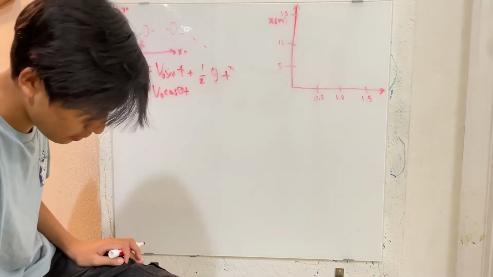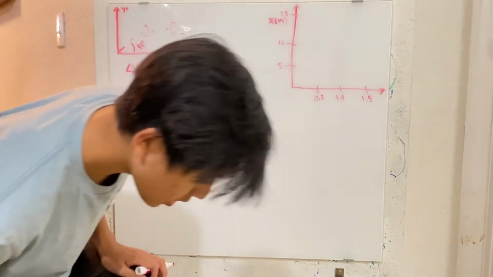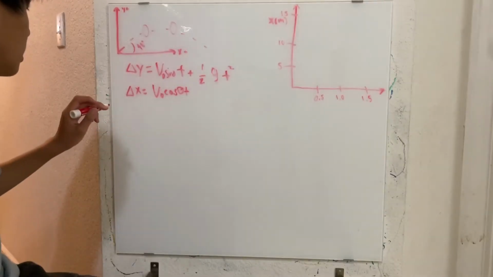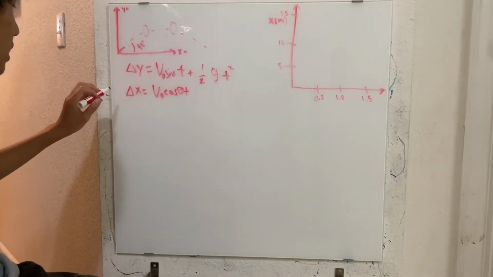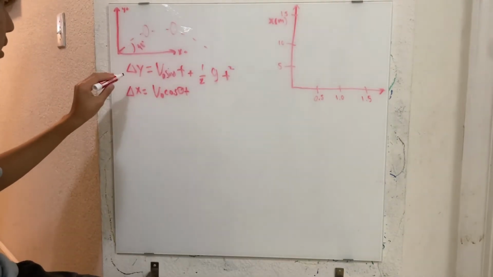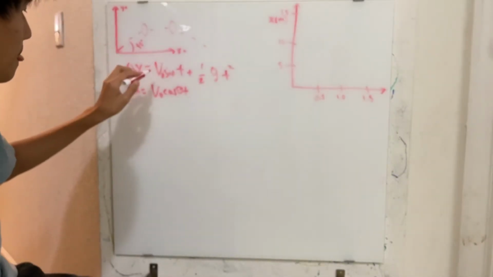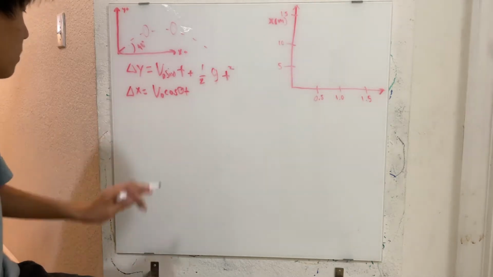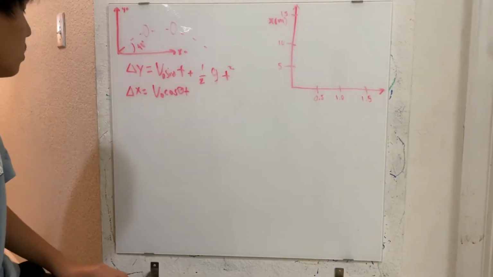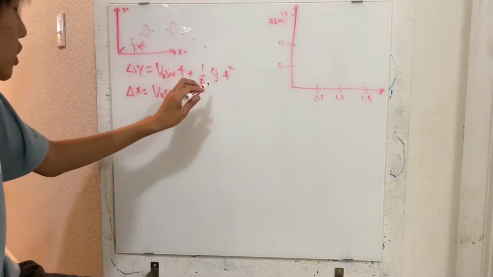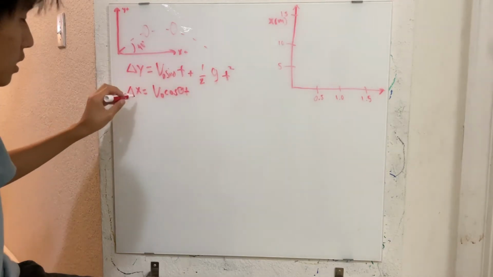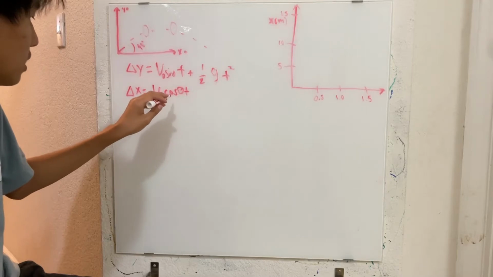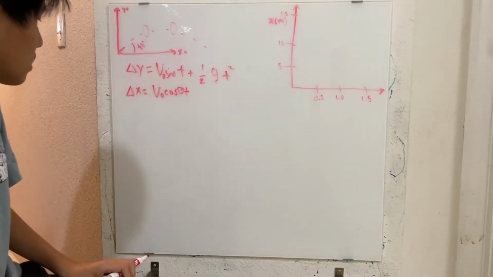Okay, so now we have the setup for the equations, and we have a few unknowns. One unknown is delta y, v naught, t, and v naught here as well. However, we do know the angle theta, we know g, we know the delta x because they give us a set of values in the beginning, and they give us theta here as well, so we know those.